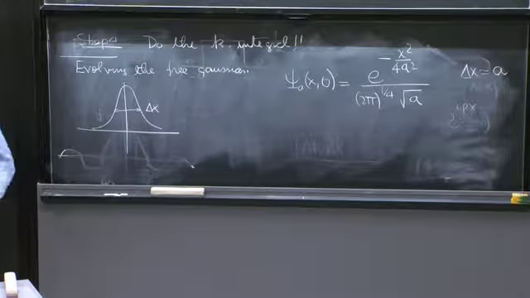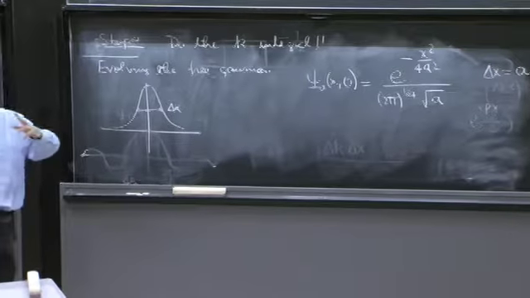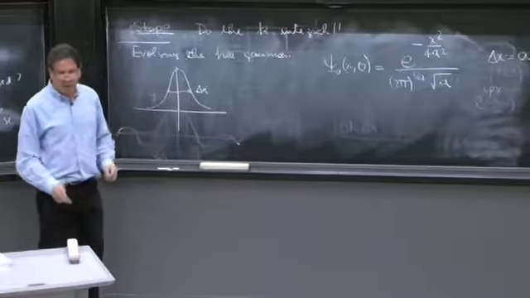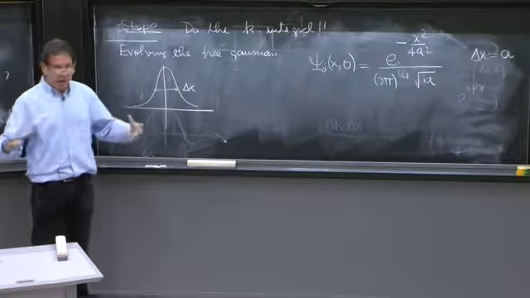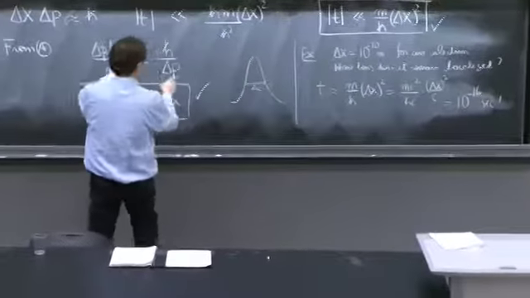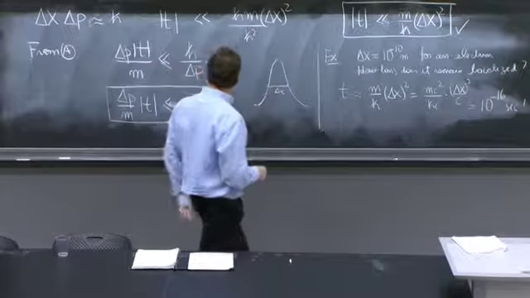And what is it going to do in time? Well, it's presumably going to spread out. So the width is going to change in time. There's going to be a time in which the shape changes. Will it be similar to what you have here? Yes. The time will be related.